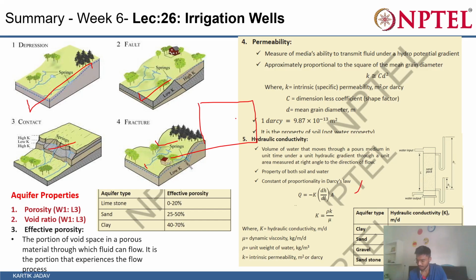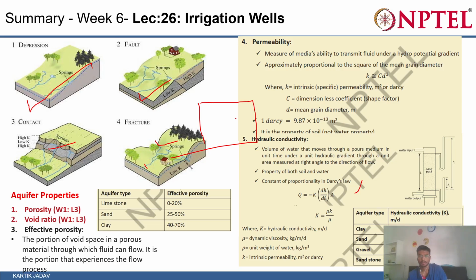Certain pores are not interconnected; those are called dead end pores, which do not take part in the flow. So we need to define the effective porosity.